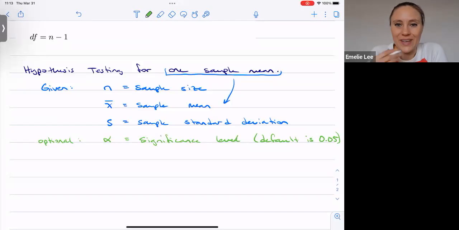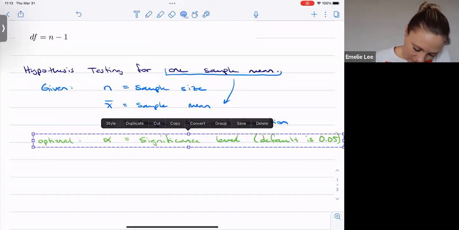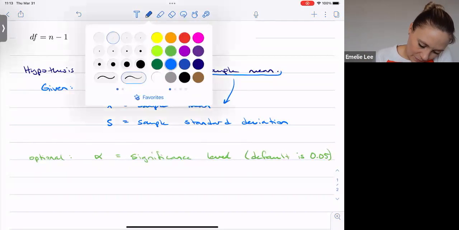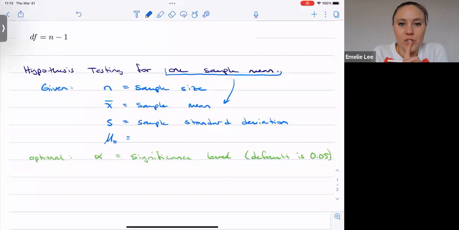Okay. So those are all the things that you're given, right? You're also going to be given some mu naught, which is going to be some hypothesized value. So some value that you want to compare your sample mean to.